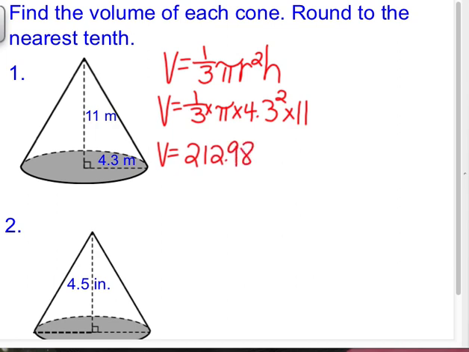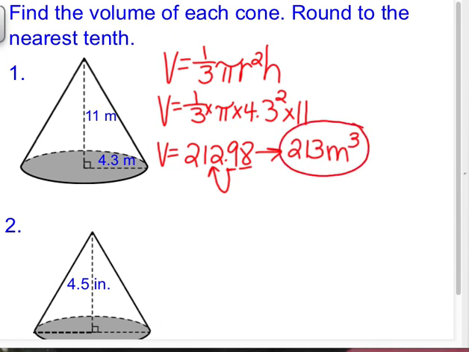That's what my calculator says. When I round to the nearest tenth, the 8 makes the 9 round up, and when the 9 rounds up, it carries over into the ones place. So I end up with an answer of 213 meters cubed, or cubic meters.